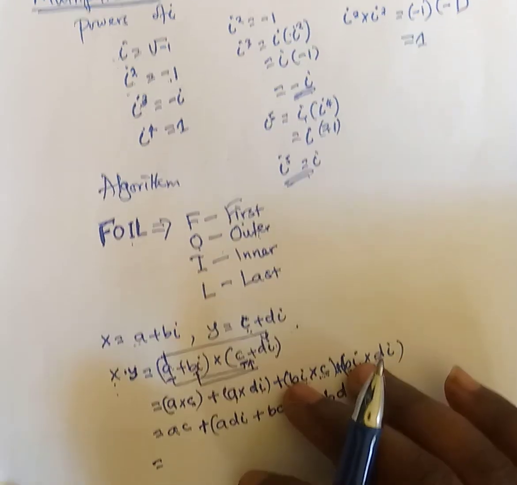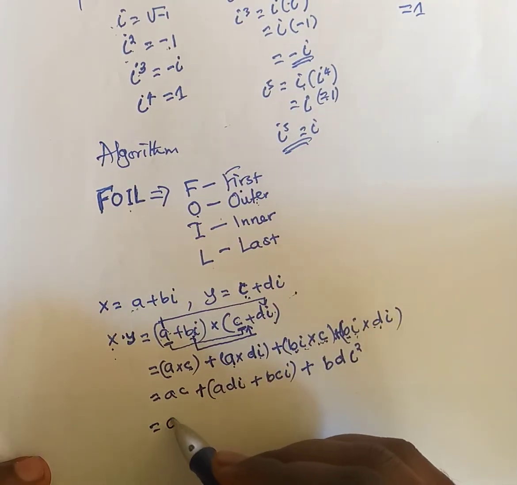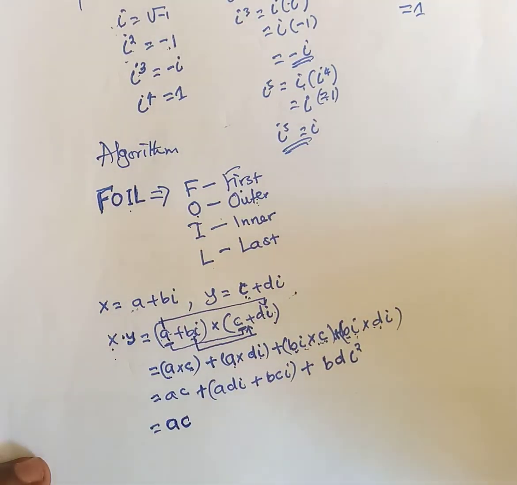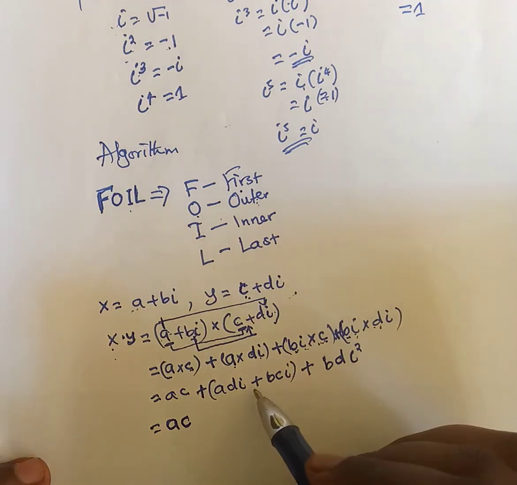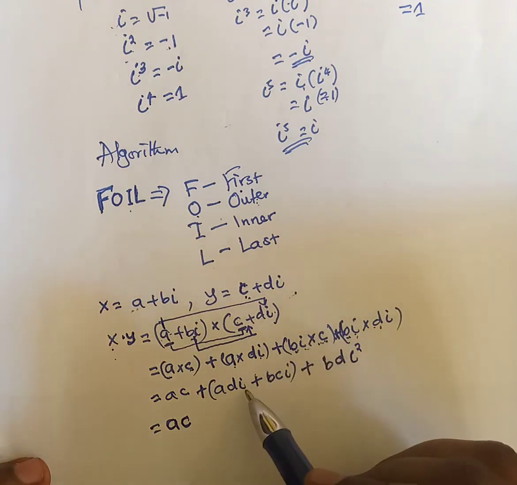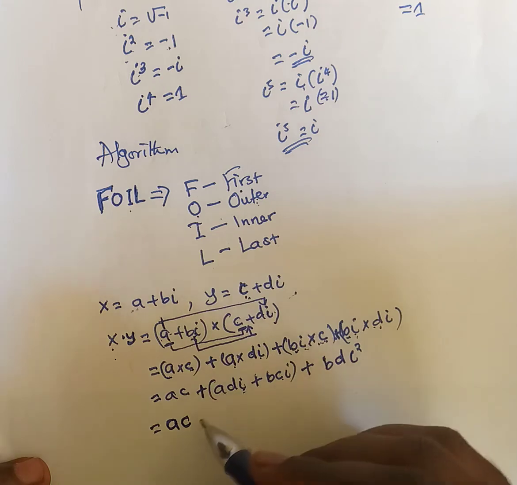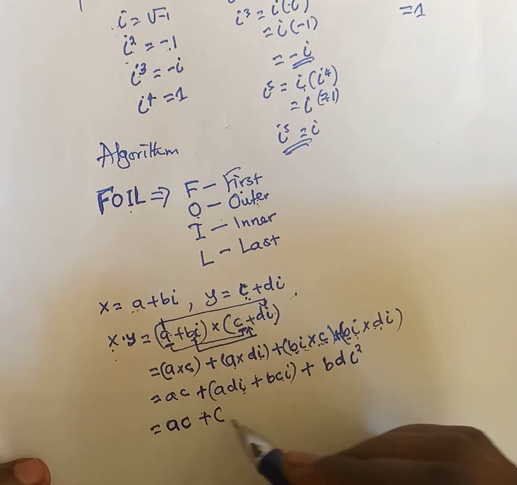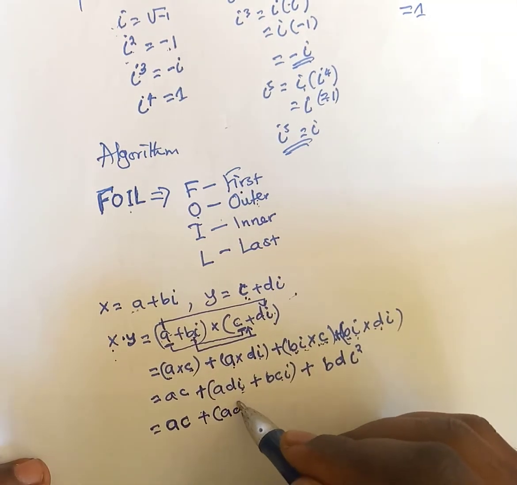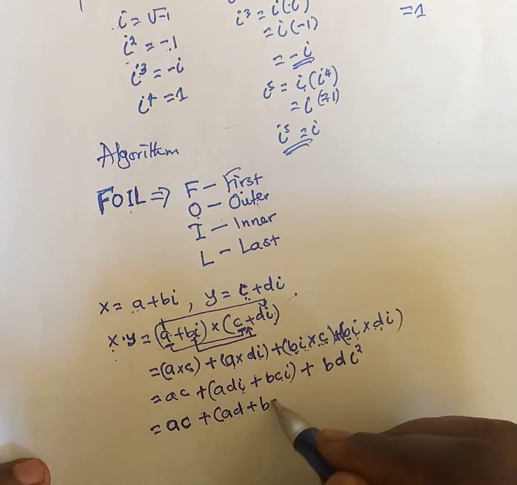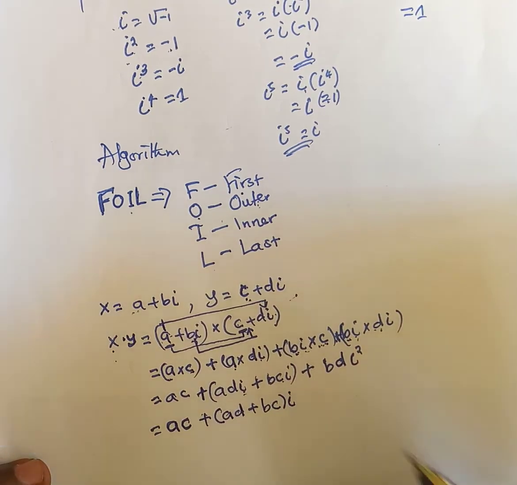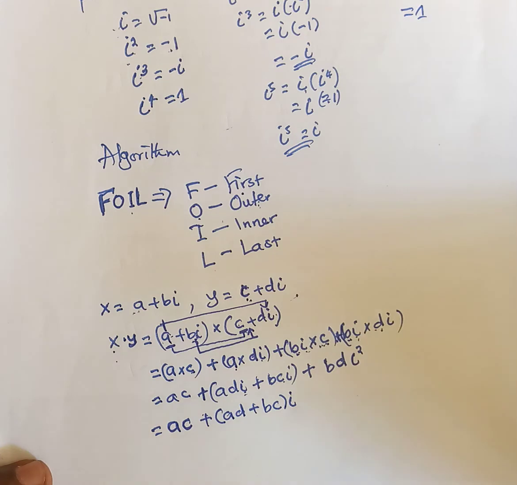Now, simplifying further will give me AC. One thing you should ask yourself: what is i squared? So you can put these two together. You will have AD plus BC, then multiplied by i, because you can just factor out i.